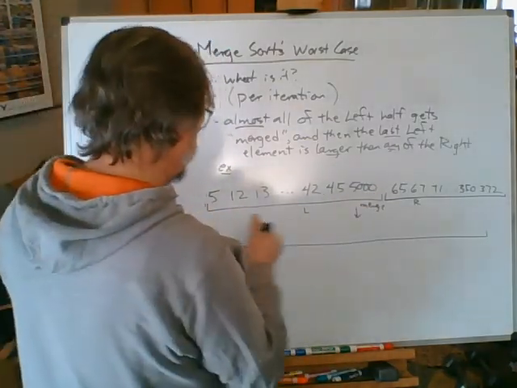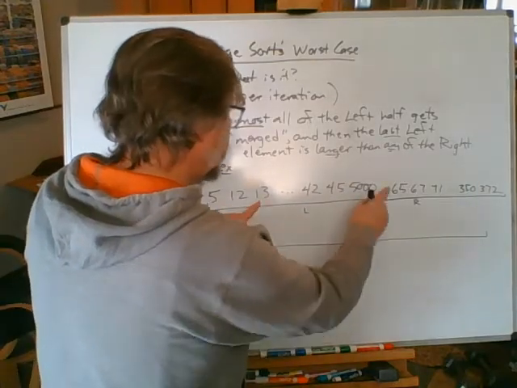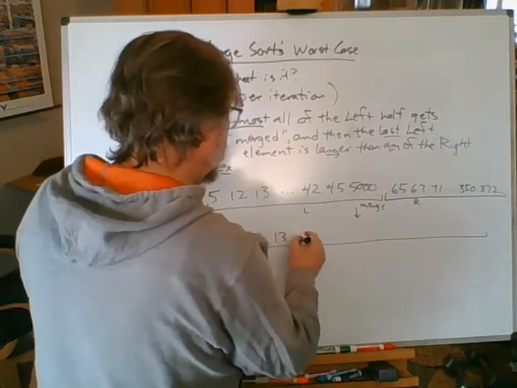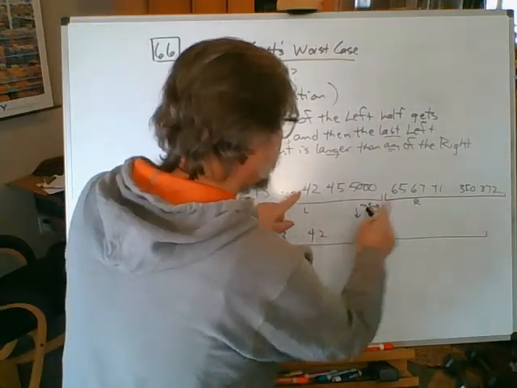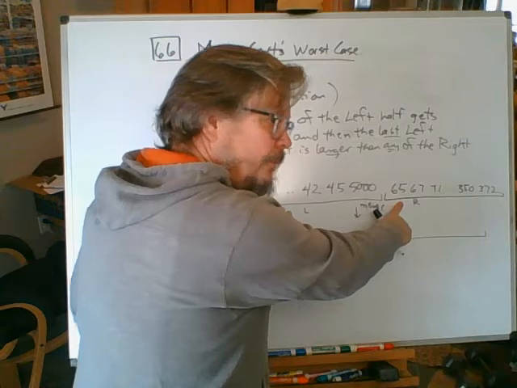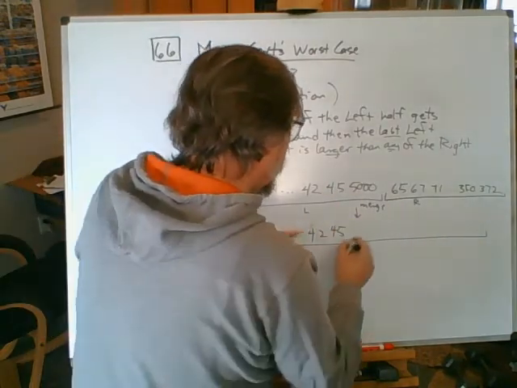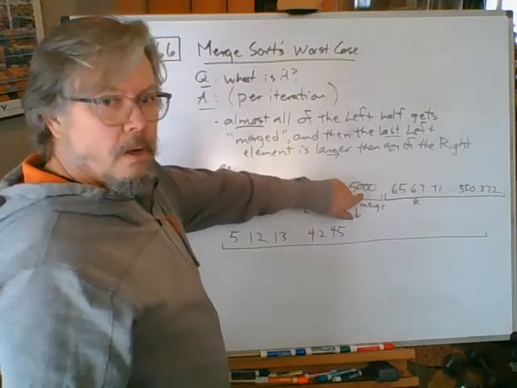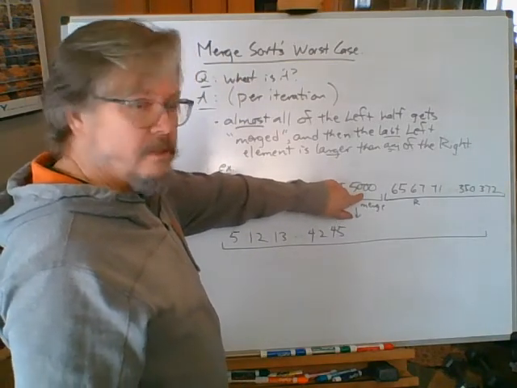5 is less than 65. Sure it is. 12 is less than 65. 13 is less than 65. Yada, yada, yada is less than 65. 42 is less than 65. This one hasn't budged. 45 is less than 65. Bonk. 5,000. 5,000 is not less than 65.